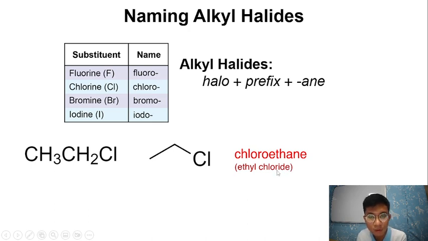So chloride. Kaya siya naging ethyl chloride. Kapag common name ng inyong alkyl halide, yung fluorine, fluoride. Chlorine, chloride. Bromine, bromide. Then iodine, iodide. Okay? So that's how you name the alkyl halides na may systematic and common name.